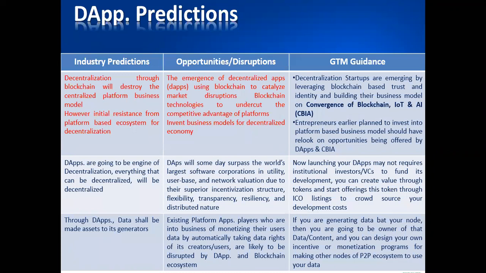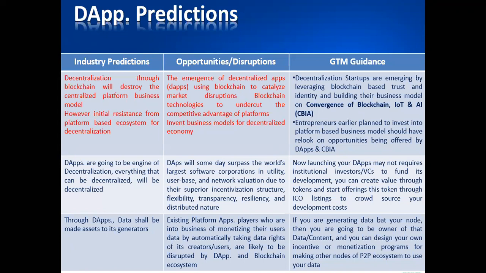Entrepreneurs planning to invest in platform-based business models should look to the new business models being offered by DApps and CBIA. Here the role of the analyst comes in, to spot a new emerging opportunity.